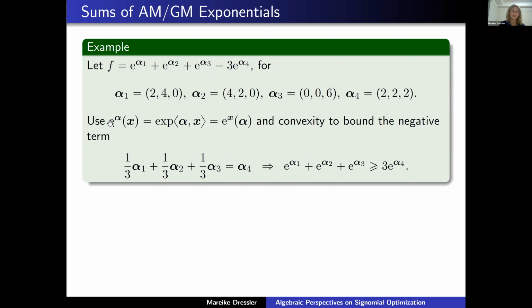So first of all, we can use this identity and convexity to somehow bound the negative term, right? We note that the exponent which has the negative coefficient can be expressed as a convex combination of the other exponents, and then we can use the convexity of the exponential function to lower bound this sum here.